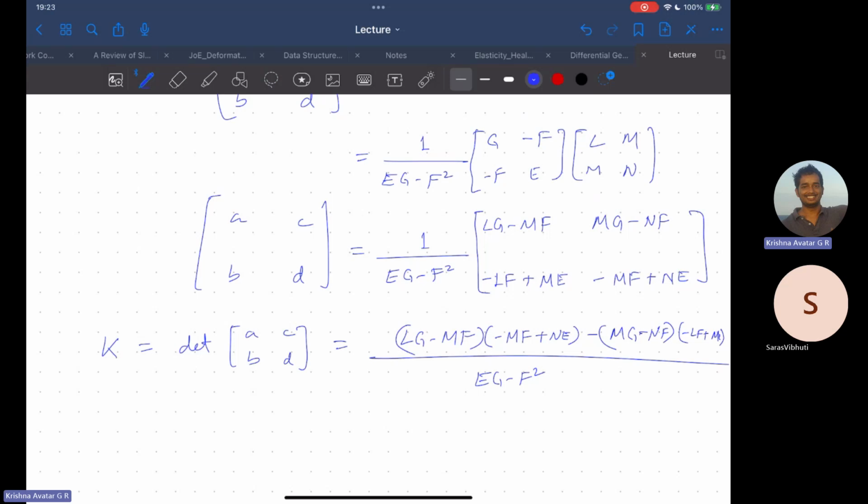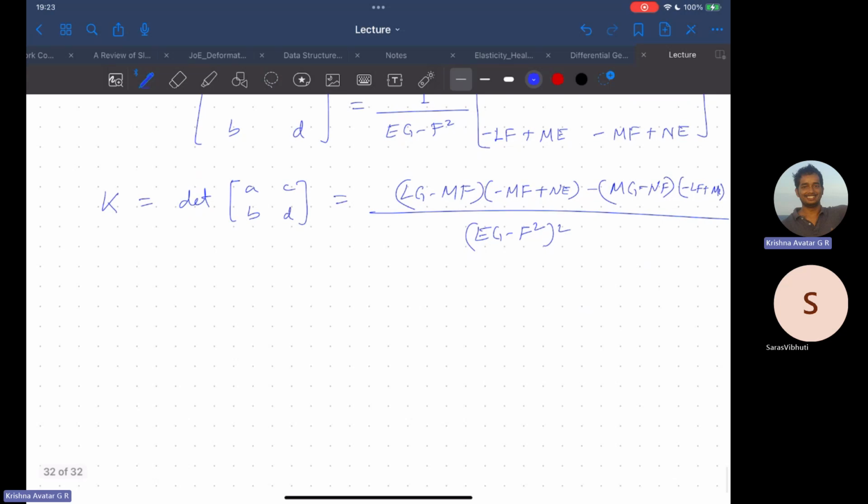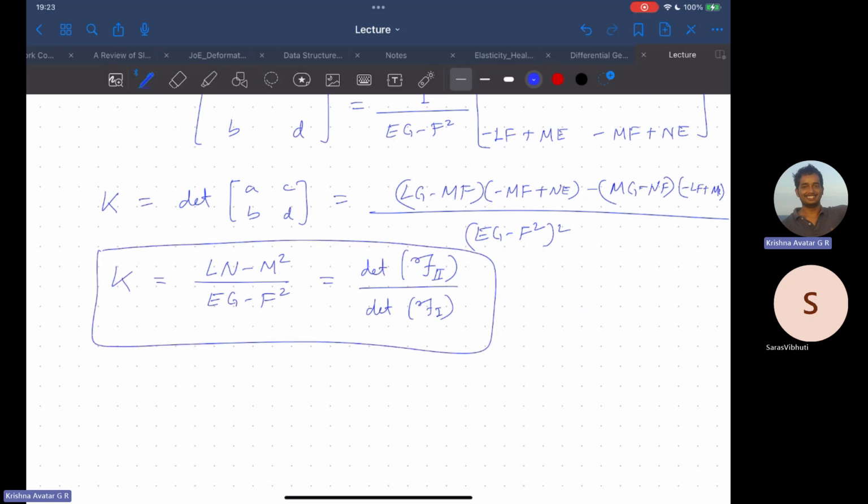Every term is divided by this, so it's like the whole thing squared. After lots of simplification, it can be written in a very neat form: LN minus M squared over EG minus F squared. So it's the determinant of F2 divided by the determinant of F1. A very clean expression.